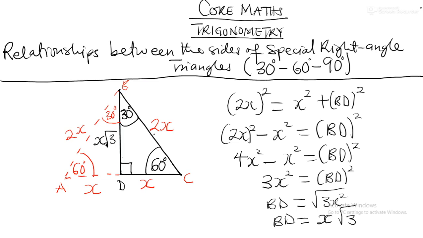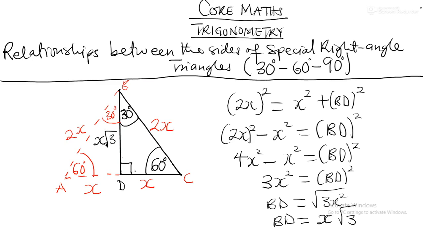We also looked at how to get the adjacent, that is the perpendicular height here. The adjacent side to the 30-degree angle is gotten by multiplying the smallest side by √3.